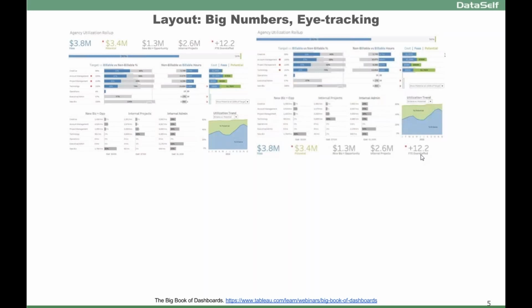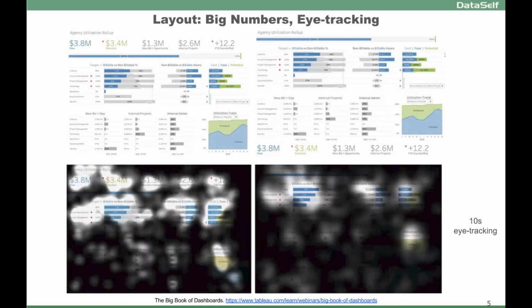And let me show you what happens after 10 seconds of people looking at these two options and where their eyes are driven to. The bottom area here shows after 10 seconds using eye tracking technology that in this one here, users will see the big numbers and some of this information, while on the right, pretty much the big numbers are not seen at all.